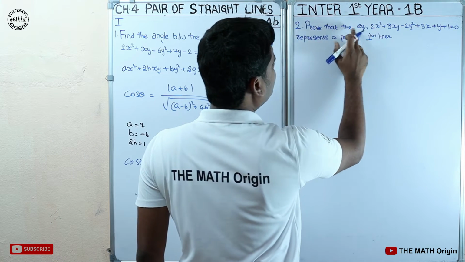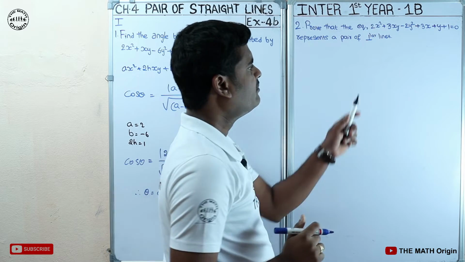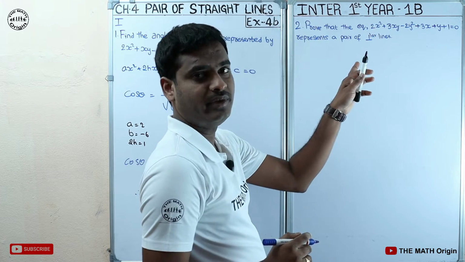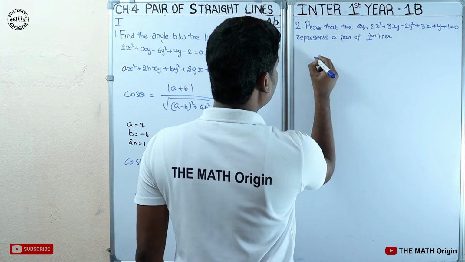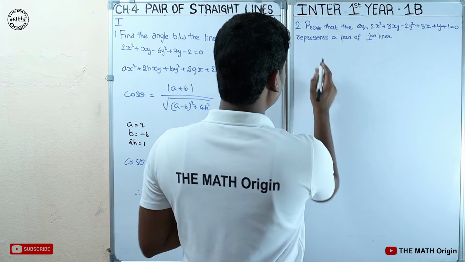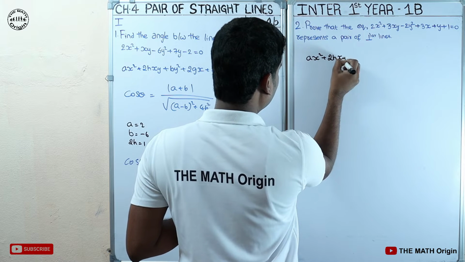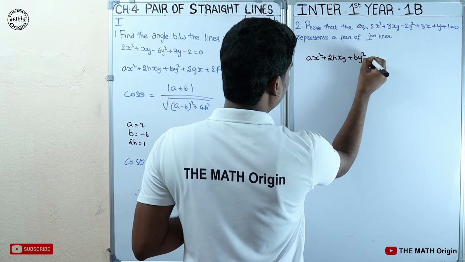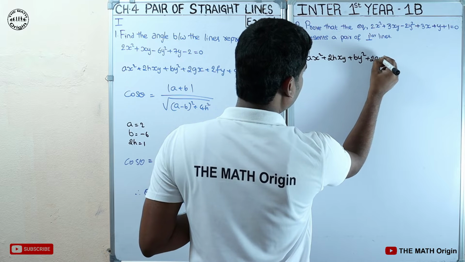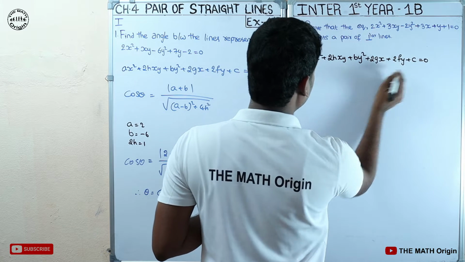Second one: prove that the equation represents a pair of straight lines perpendicular to each other, meaning the angle between them should be 90 degrees. Here also the general equation is ax square plus 2hxy plus by square plus 2gx plus 2fy plus c equals 0.